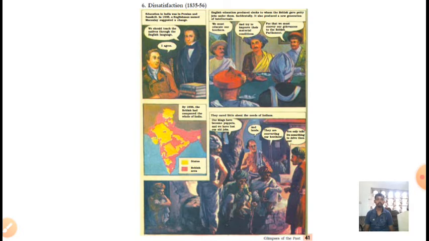English education produced clerks to whom the British gave petty jobs under them. Incidentally, it also produced a new generation of intellectuals. So with the help of the English language, many intellectuals were produced, and it is one of the good signs though, but it hampered the Indian education system.